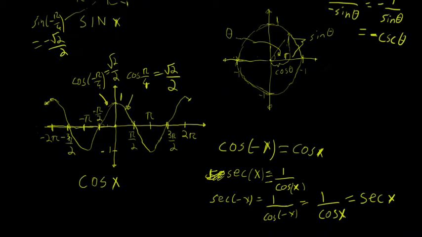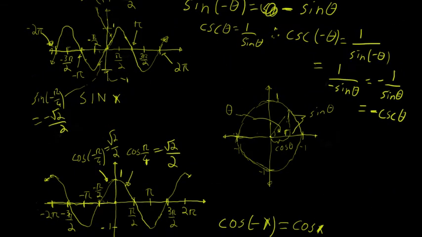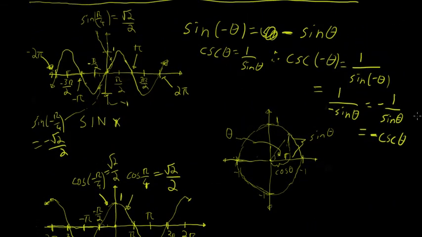Now going back to sine, we found that the sine of negative theta, or I can rewrite this as x if you want, the sine of negative x is equal to negative sine of x. Okay, but the cosecant, we have here the cosecant of theta.